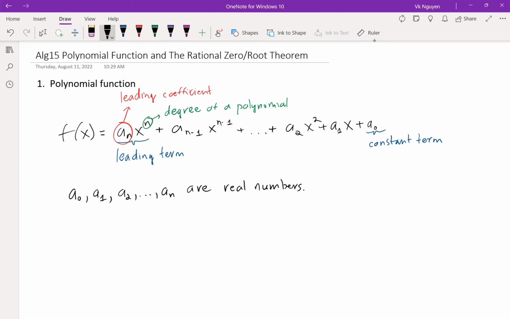When we set f of x equal to 0, then the solution to this polynomial equation, we call it a zero or root of the polynomial function.